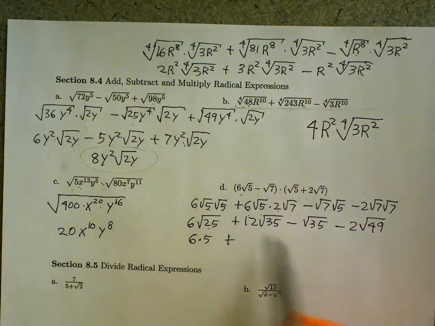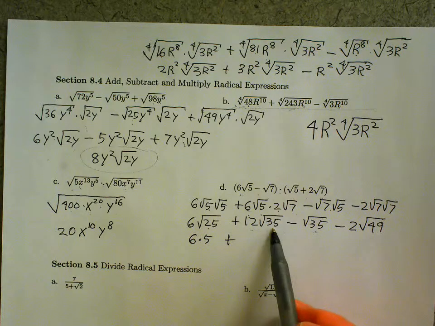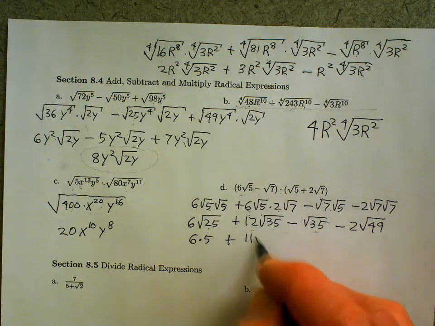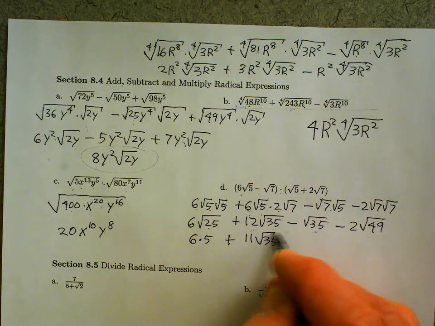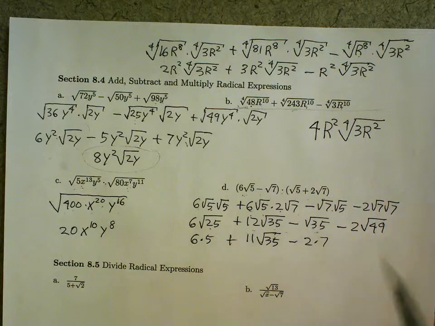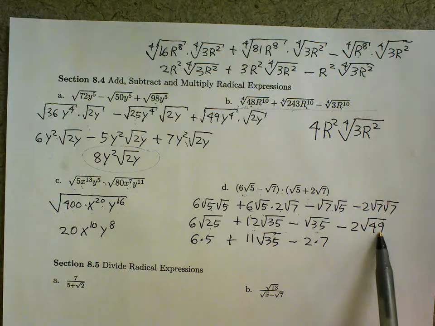We can combine the two middle terms because they are like radicals. 12 times the square root of 35 minus the square root of 35 is plus 11 times the square root of 35. And then we have minus 2 times 7 because the square root of 49 is 7.